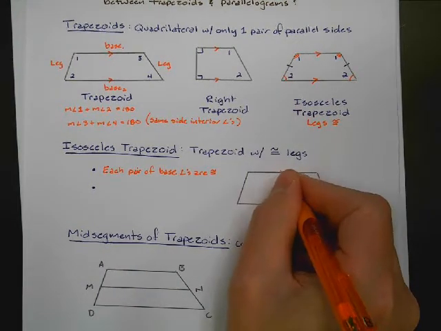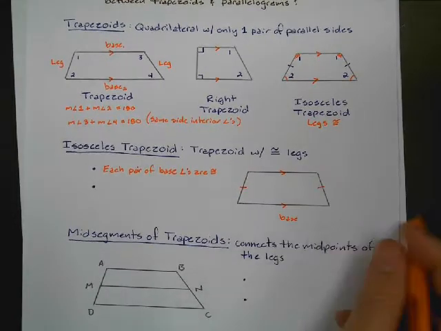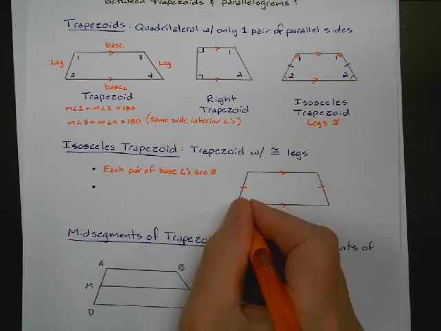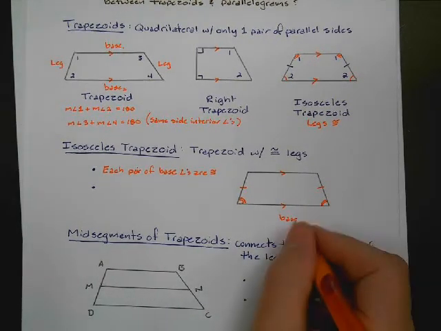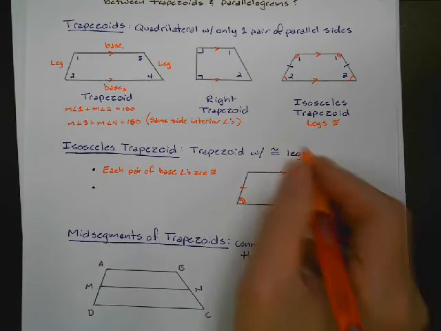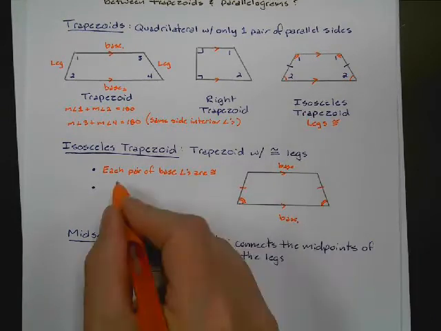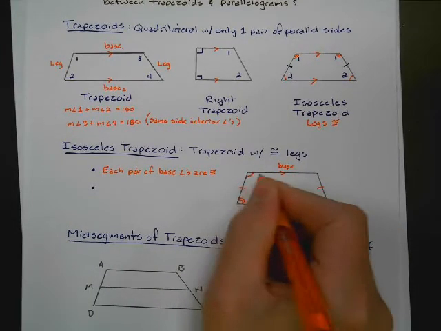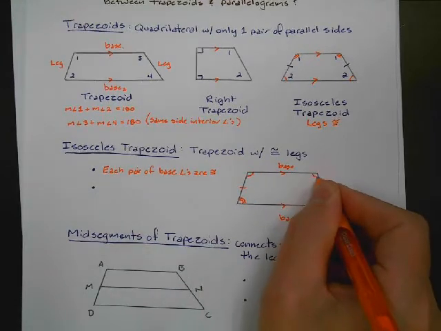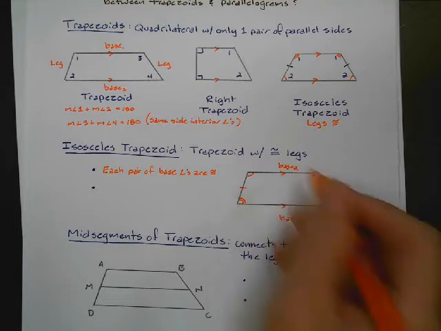It's a trapezoid because these are the same. It's isosceles because these are the same. So this base's angles are the same as this one over here. So those base angles are congruent. And then the other base, that's what it means by each pair of base angles, because this is a different base up here. Then those angles there would be congruent to each other. Let's call it base 2.